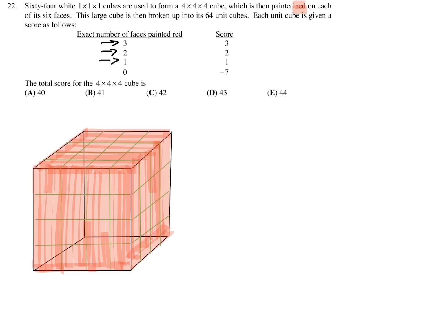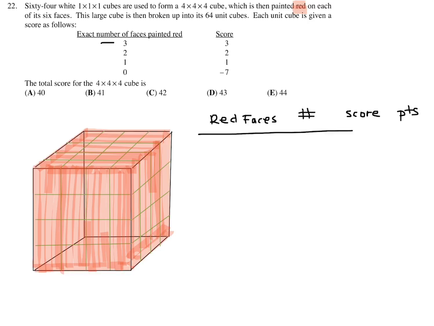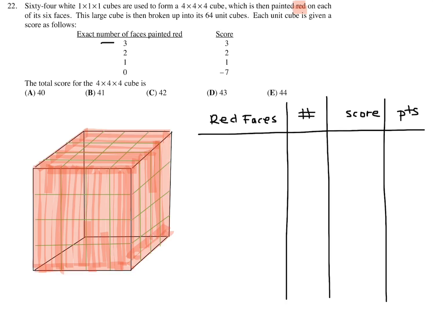All right, so let's make a little table here. So red faces, number of red faces, how many of those, the score, and the points. And then we'll be able to figure this out. Okay, so here we go. The number of red faces being 3, how many of those do we have?